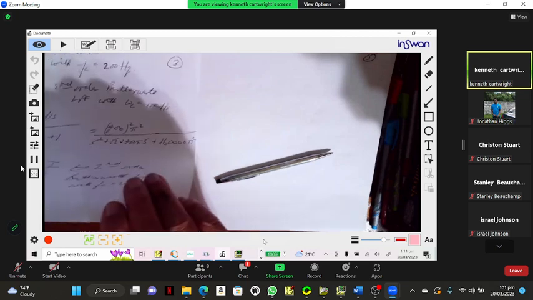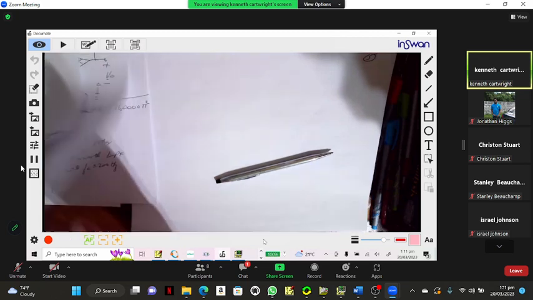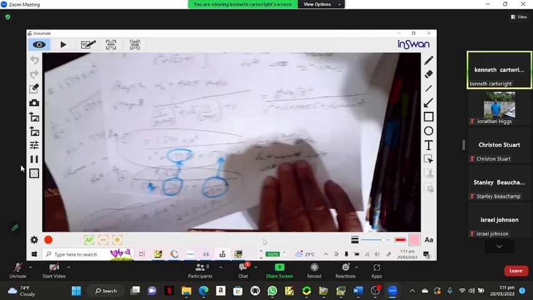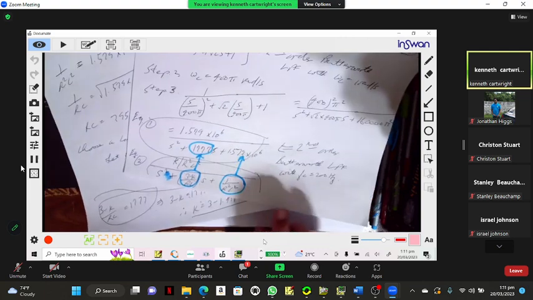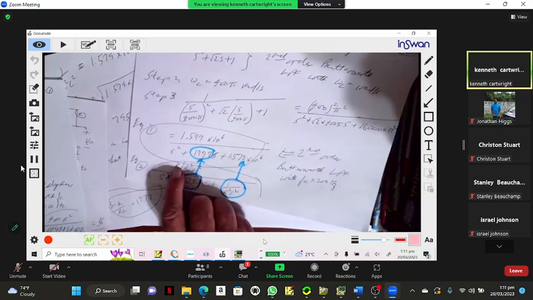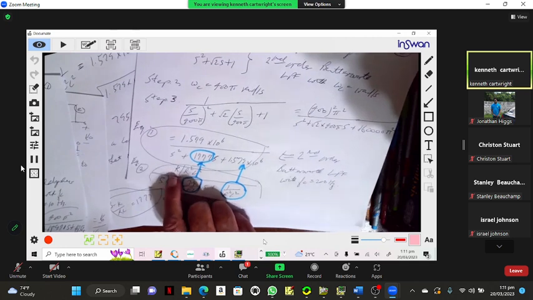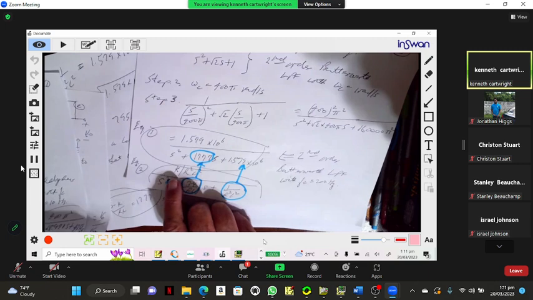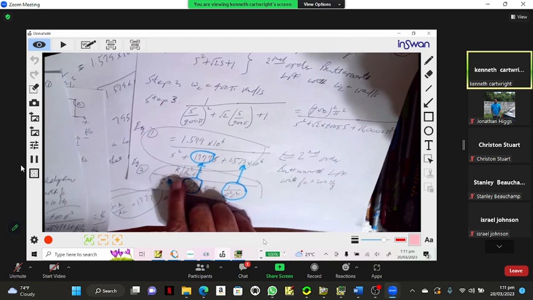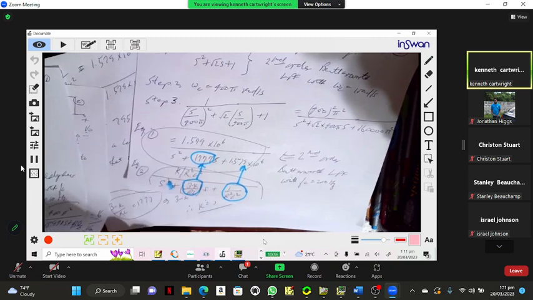Let me get back to that a second. I want to emphasize that because the K value is here in the numerator, the gain won't be 0 dB. The gain would be 20 log K, not 0 dB.